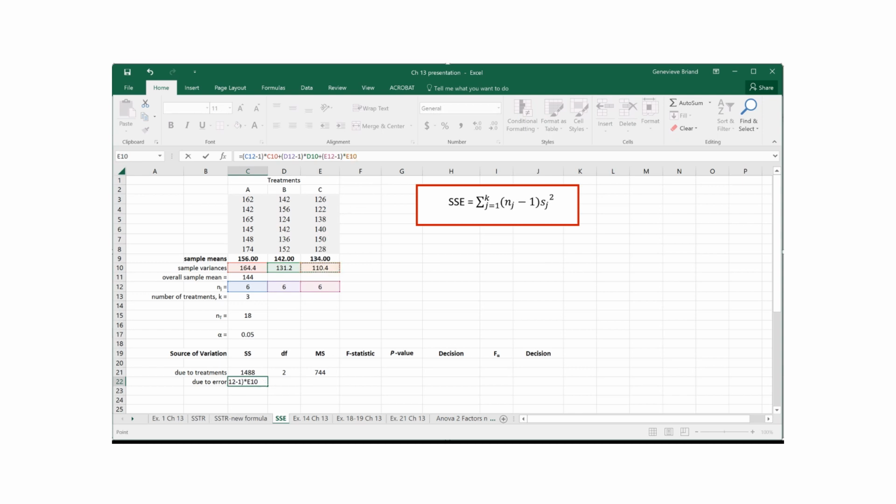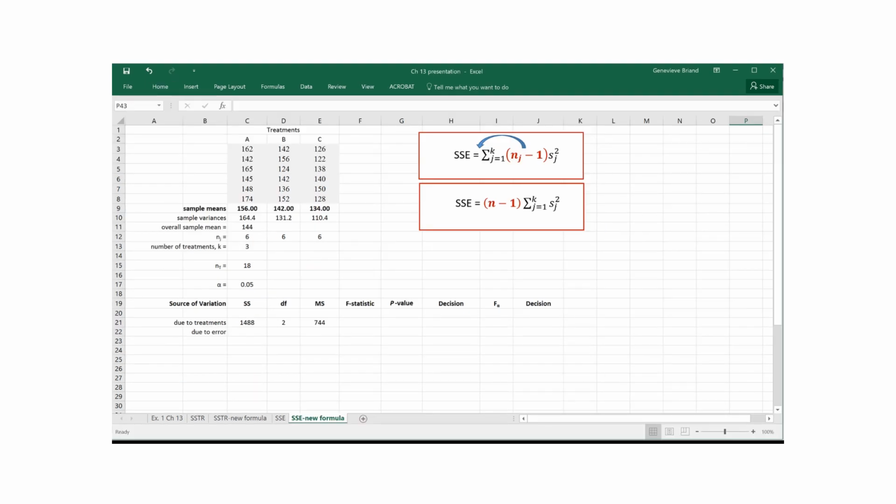Here we go. So just like we had earlier, because we have an equal sample size, nj is the same for all treatments, we can factorize nj minus 1 and multiply n minus 1 by our sum of sample variances instead.